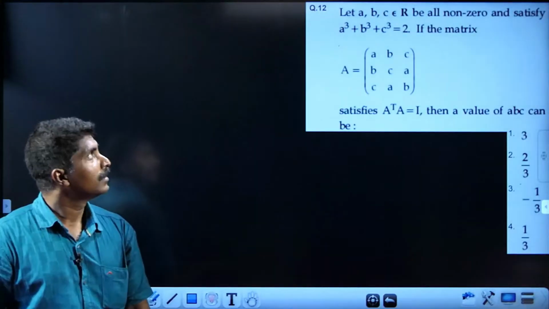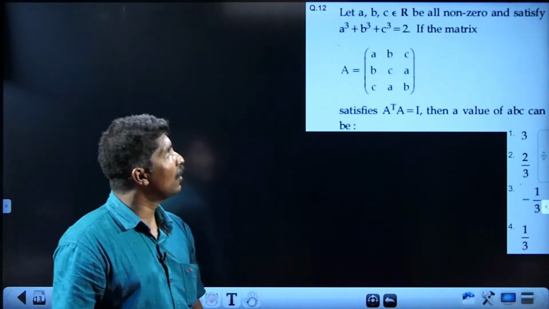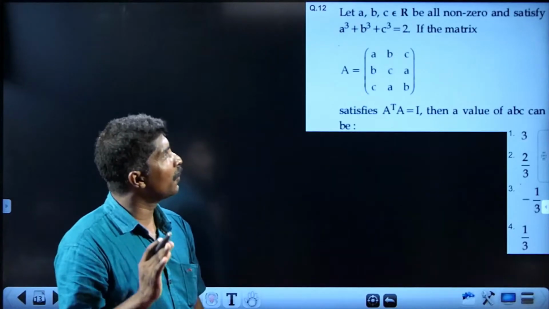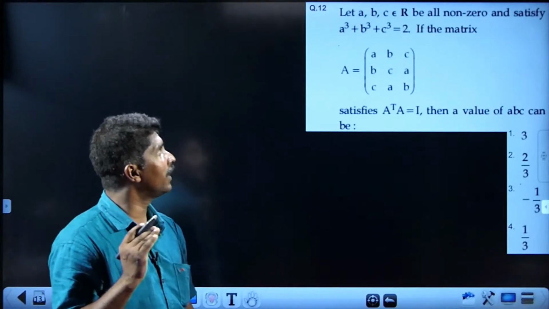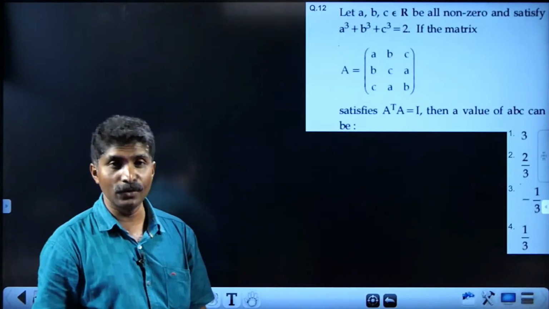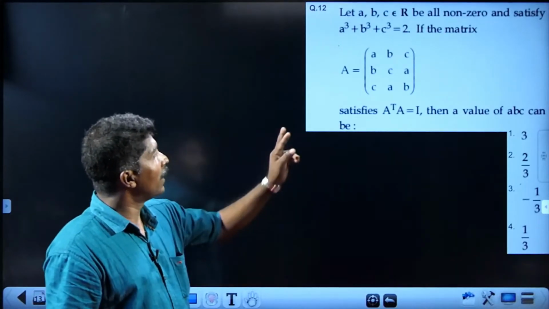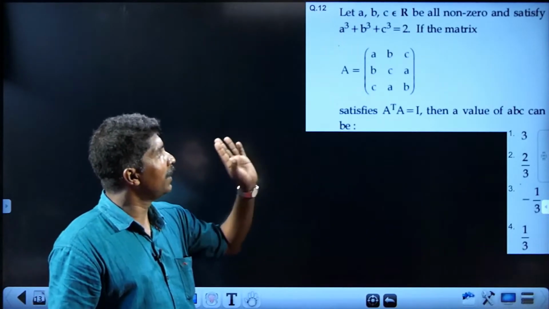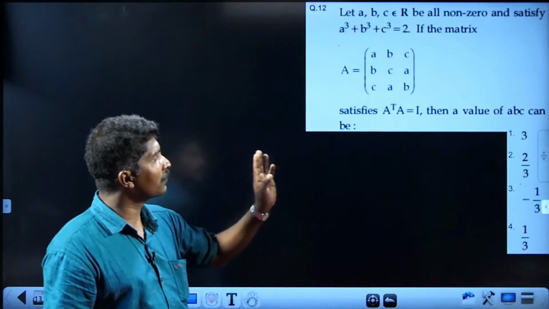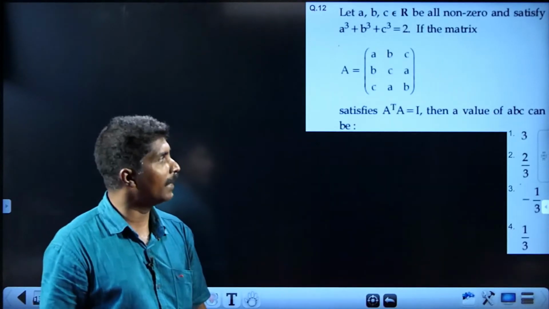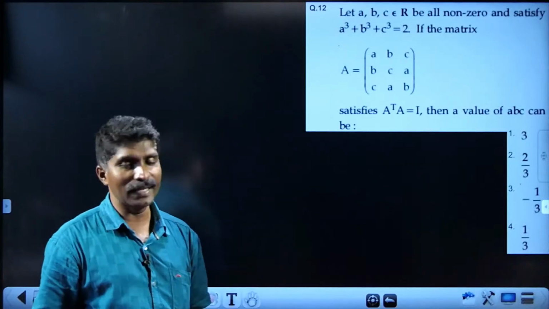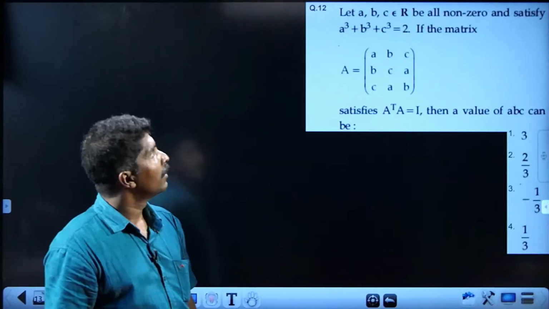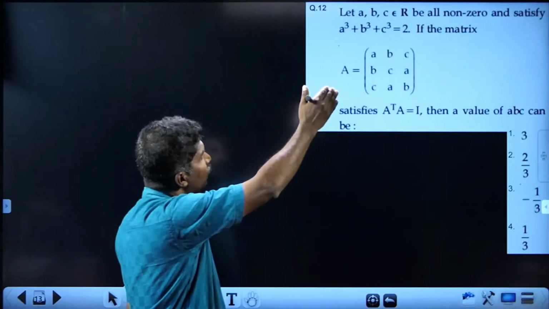Next one: let a, b, c belong to R, all non-zero, and satisfy a cube plus b cube plus c cube equal to 2. If the matrix with rows (a, b, c), (b, c, a), (c, a, b) satisfies A into A transpose equal to I, then the value of abc can be. So here a cube plus b cube plus c cube is given.